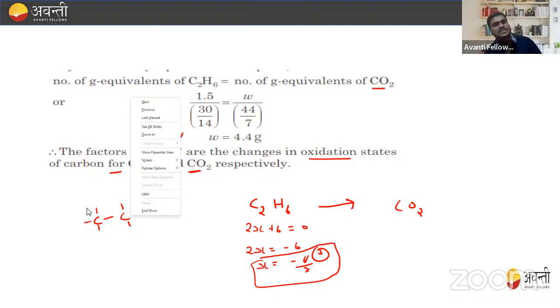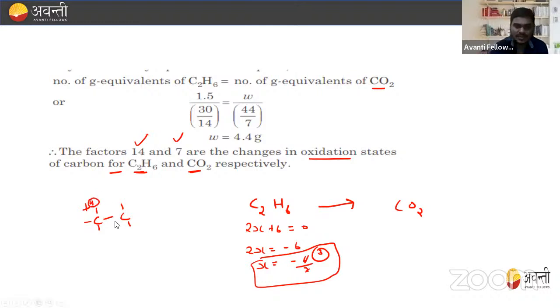So we know that the oxidation state of carbon is nothing but 4. Now here in CO2, what is the oxidation state of carbon? Calculate. Minus 2 into 2, that is minus 4, plus 4.